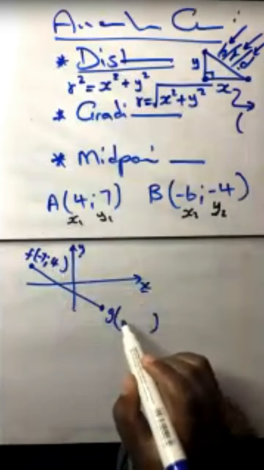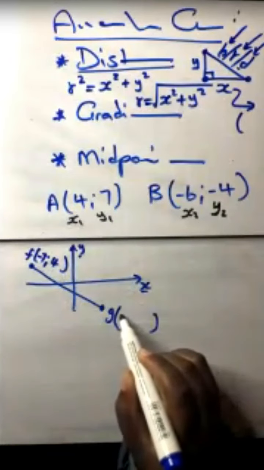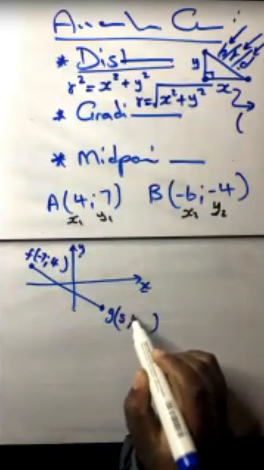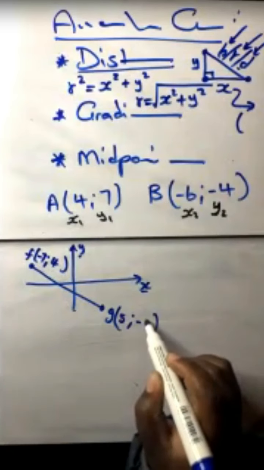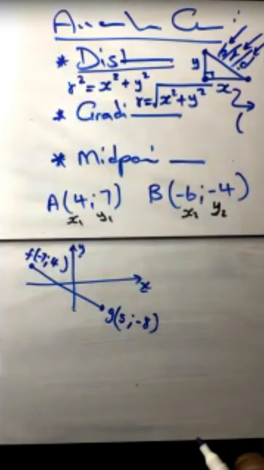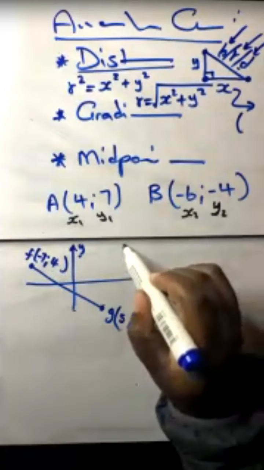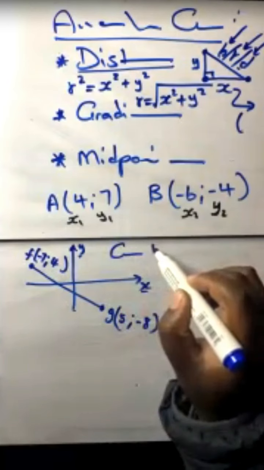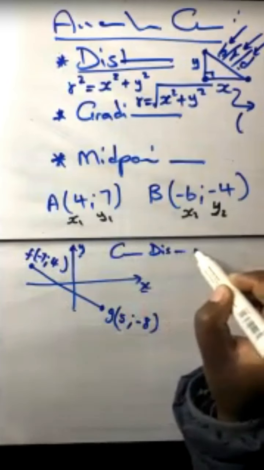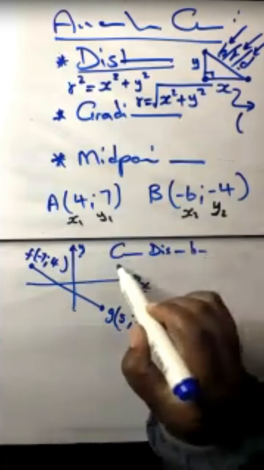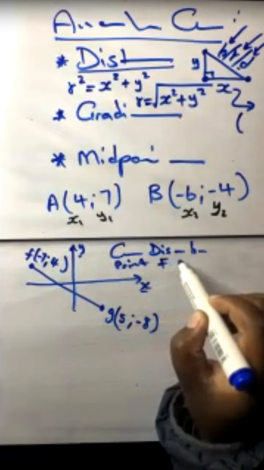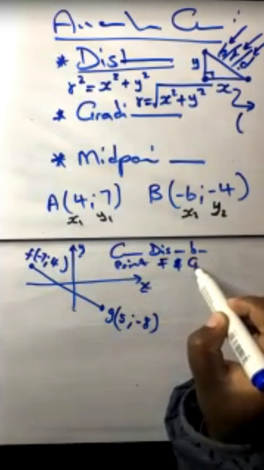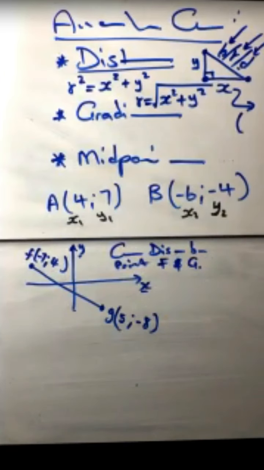Then there you've got your x value as +5, and you've got your y value as, let's say, -8. And the question says, calculate the distance between point F and G. So this is the question in the exam.